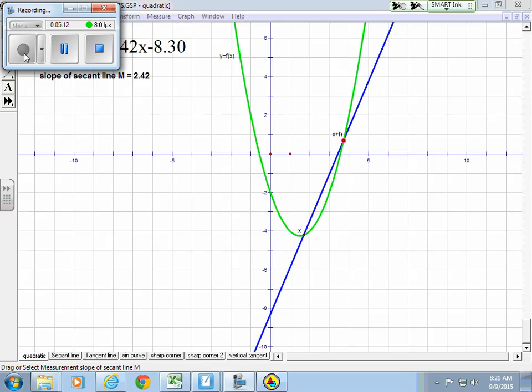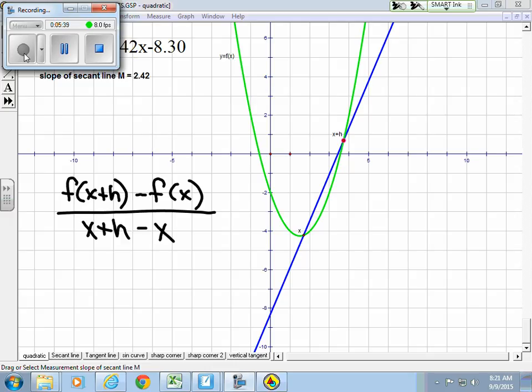Y2. So y2 would be f of x plus h. Would you agree? Whatever that is. x2 minus x1, and x2 is x plus h.